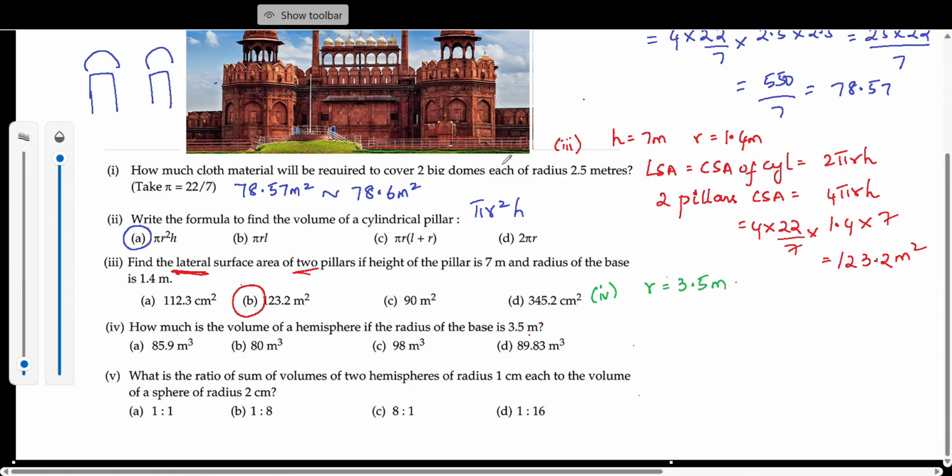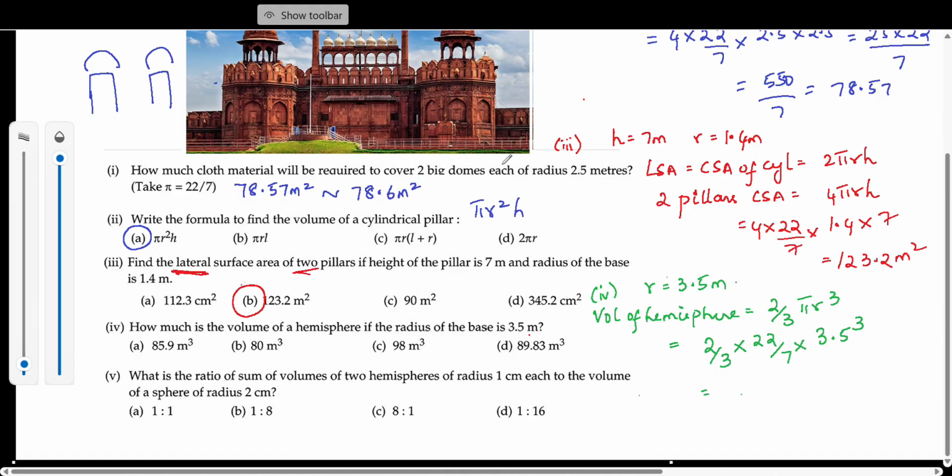Now for a hemisphere, volume is 2 by 3 pi r cube. So 2 by 3 into 22 by 7 into this.